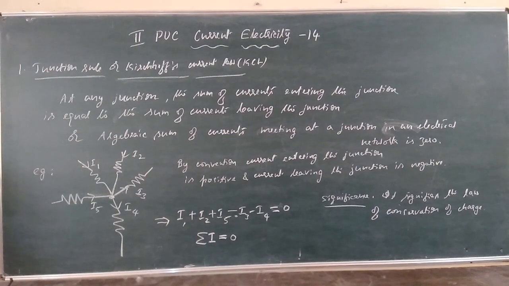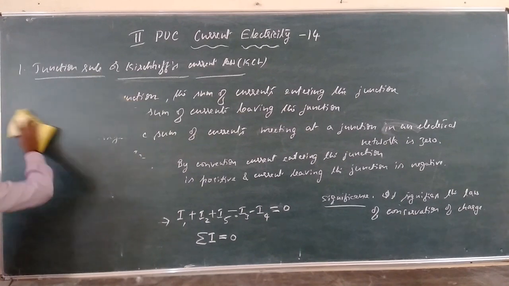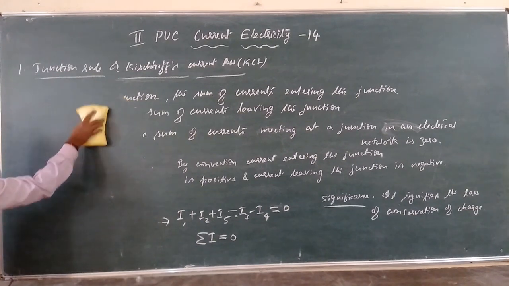Okay, if you take the algebraic sum of currents at a junction in an electrical network, that should be equal to 0. So that is about Kirchhoff's junction rule. So next we discuss Kirchhoff's loop rule.